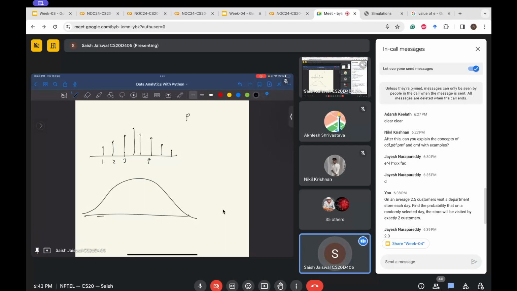Say the random variables in the case of discrete probability distributions are 1, 2, 3, 4, 5, 6, 7, 8. So you will have probability of each value, right? And so on. But if you want to know what is the probability of x less than equal to 3, how will you find this out?